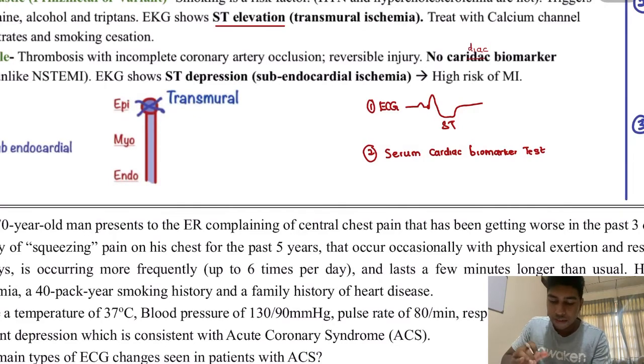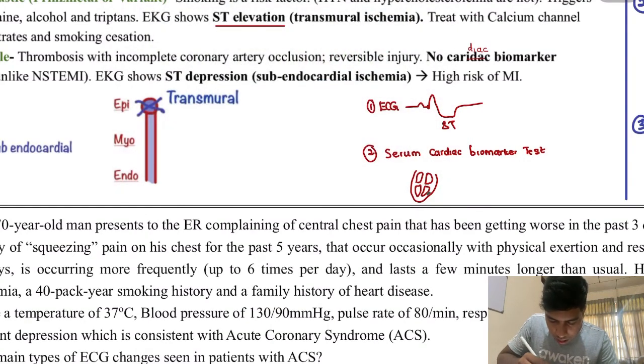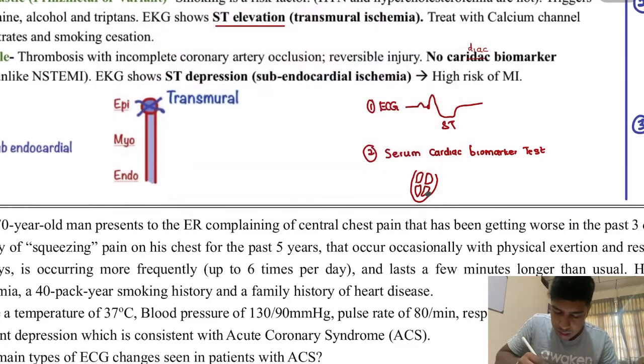Next, to confirm if this is a myocardial infarction, you do a serum cardiac biomarker test. Now what is this? These are substances that are released after, and this is important, after a myocardial infarction. After a myocardial infarction, there is going to be dead tissue that releases its substances into the blood.